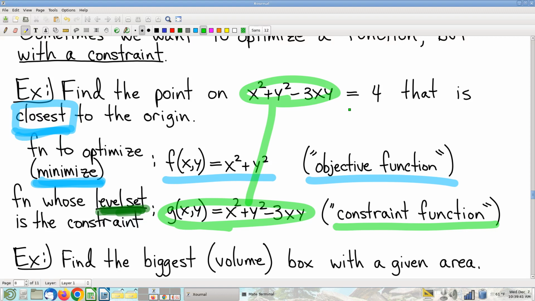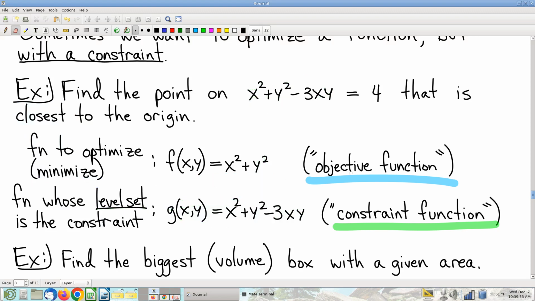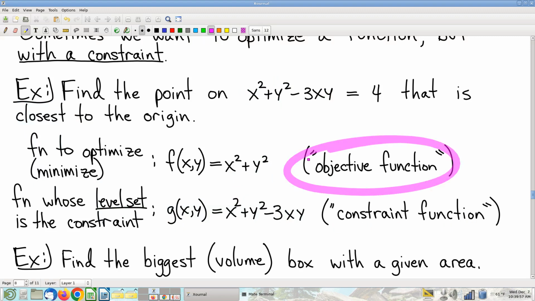And so tricks like this can be convenient, and in this case we get to avoid square roots, and so that's nice. Yeah. All right, so this is how we set up constrained optimization problems. We have to identify what's the objective function, what's the constraint function.